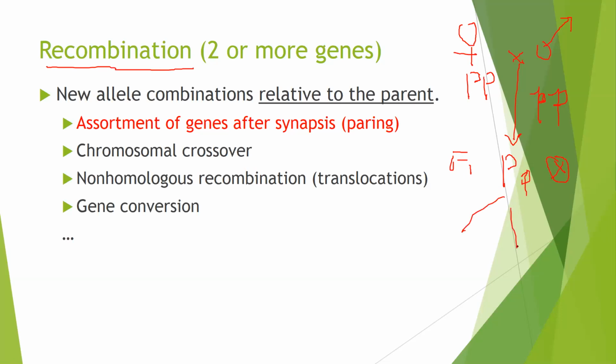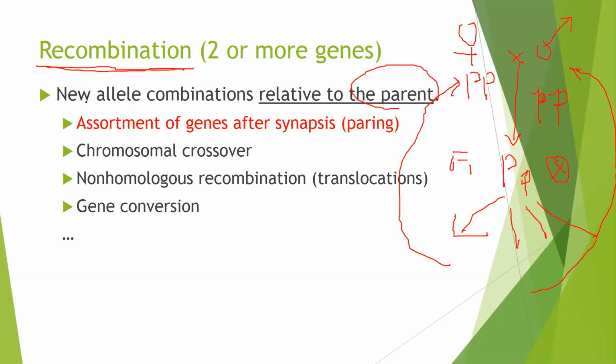We will generate a lot of different progeny, and some progeny will have genotypes very different from these parents. If we see some new genotypes occurring in the progeny, then we say there's a recombination. So the definition is: when compared to the genotype of the parents, new allele combinations occur in the progeny.